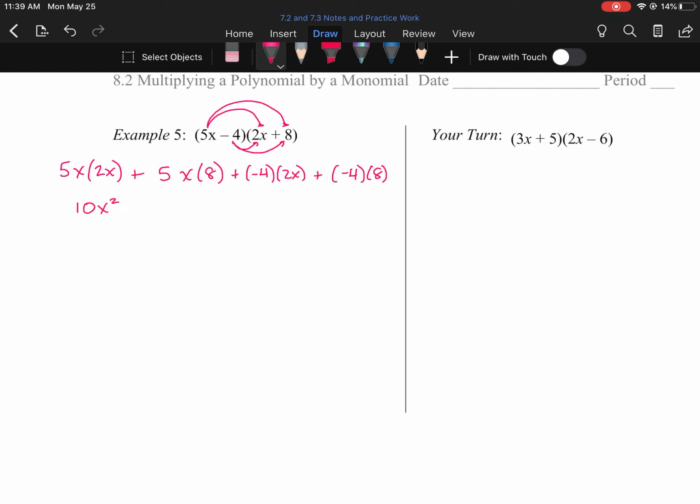So I get 10x squared plus 40x minus 8x, minus 32. So we get 10x squared plus 32x minus 32.